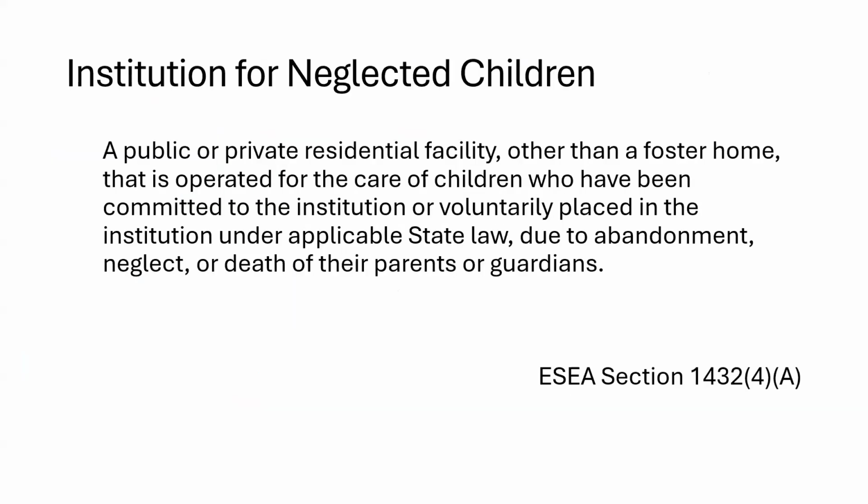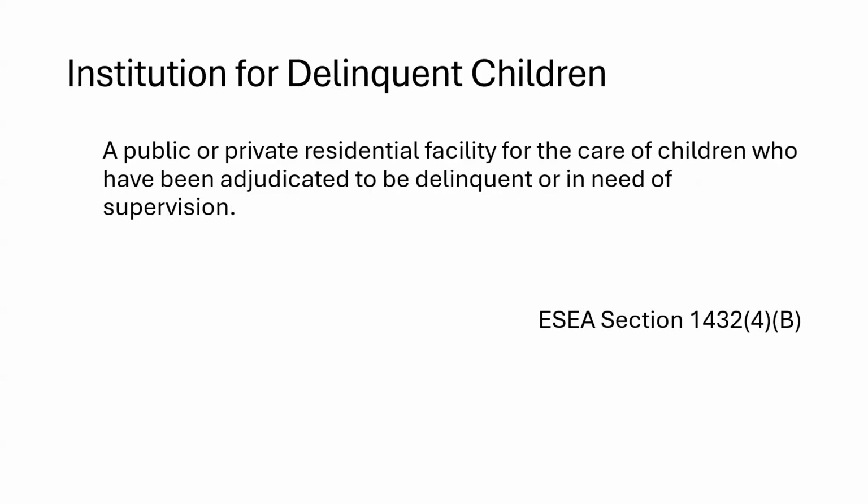That is a public or private residential facility, other than a foster home, that is operated for the care of children who have been committed to the institution or voluntarily placed in the institution under applicable state law due to abandonment, neglect, or death of their parents or guardians. These are the children that you're reporting here. You are not reporting students from delinquent facilities, which would be those who are adjudicated to that facility in need of supervision. It's only going to be those served by your neglected set aside.